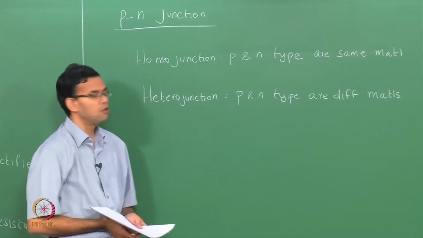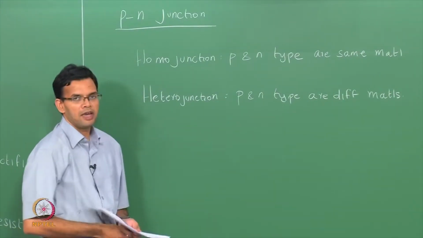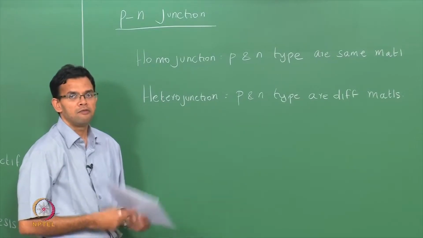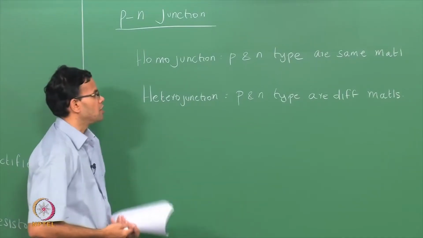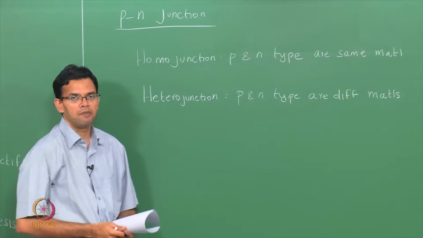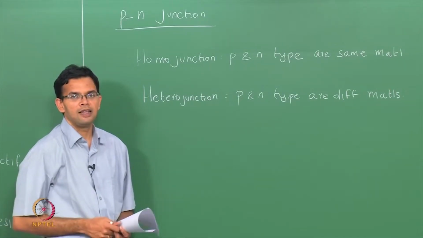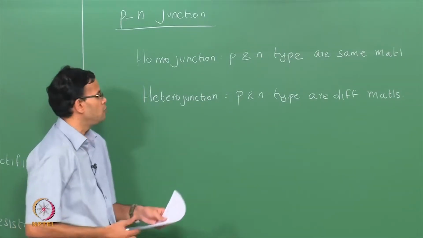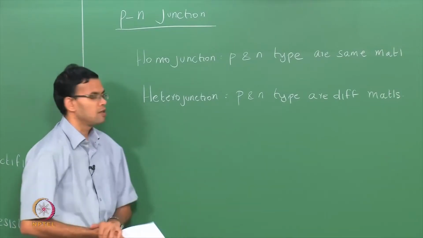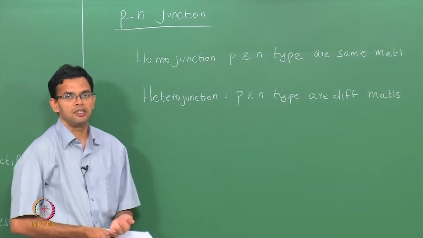We will mostly look at homojunctions where they are the same material, and we will develop concepts of the junction in equilibrium and under bias, and also calculations for the current. And towards the end we will also look at the effect of having different materials.